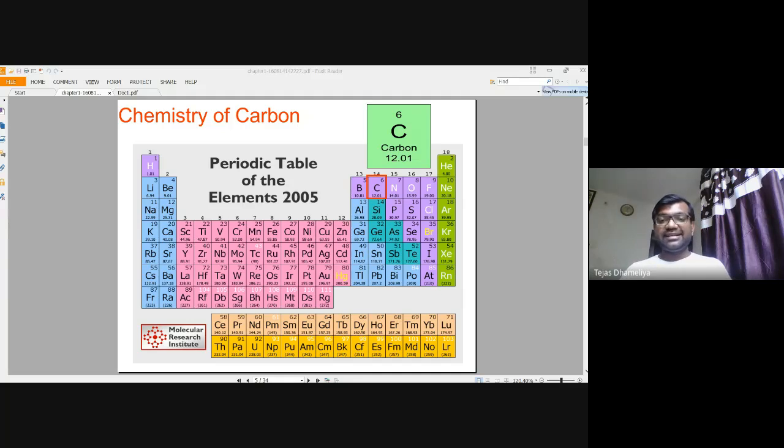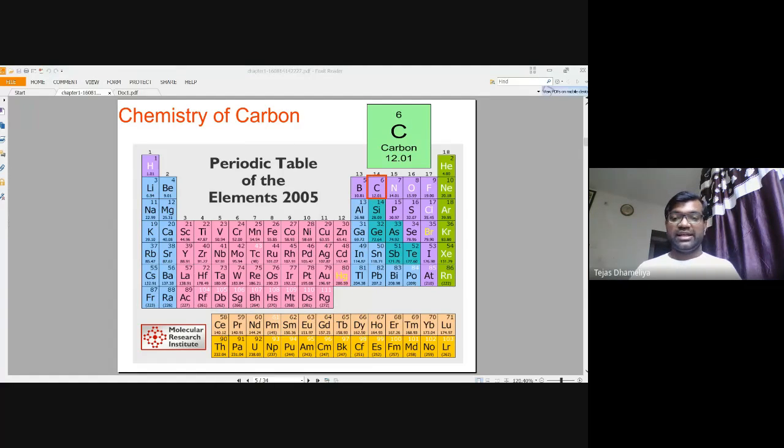So atomic weight is equal to the summation of the number of protons plus that of neutrons. So this is 6 carbon 12.